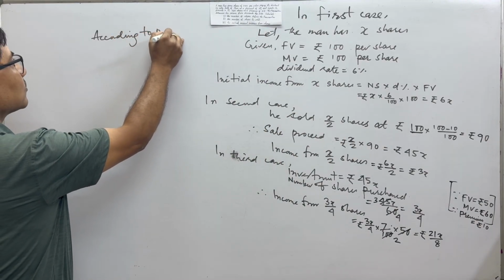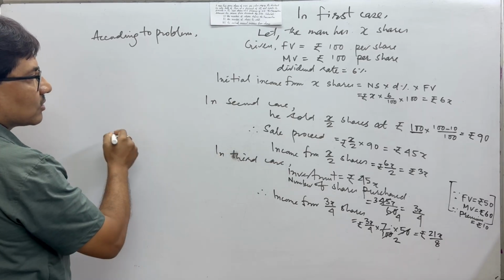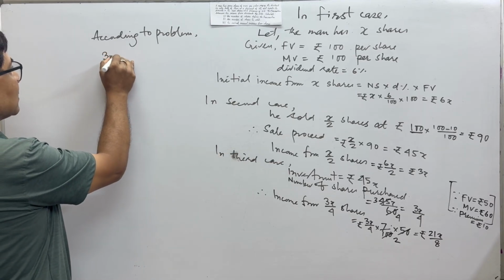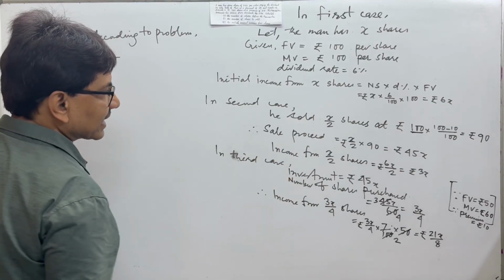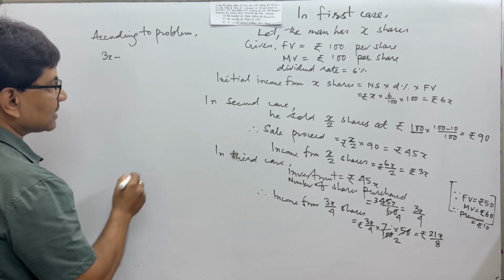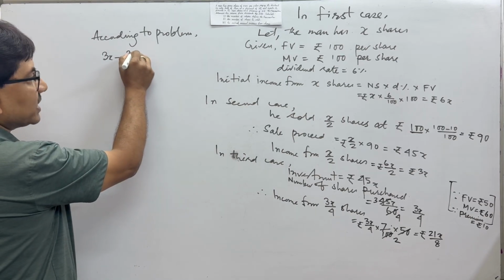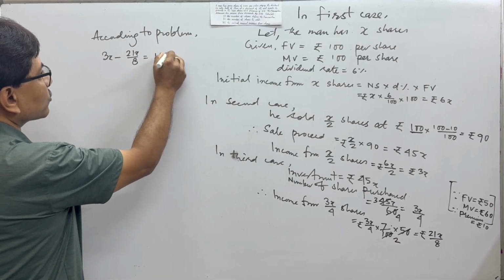According to the problem, earlier income was 3x and the present income is 21x by 8, and we are getting 120 less.